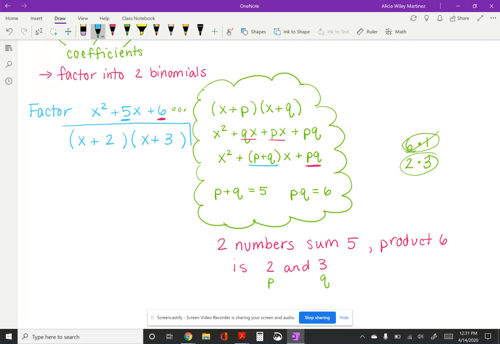So this is the factored form of x squared plus 5x plus 6.